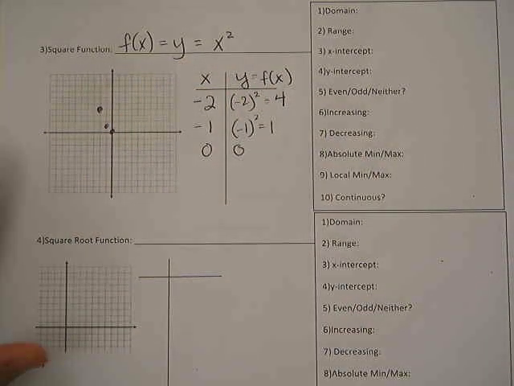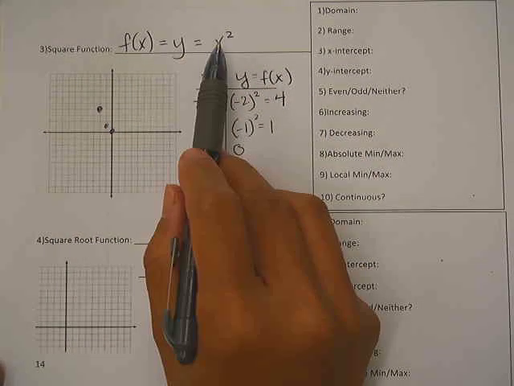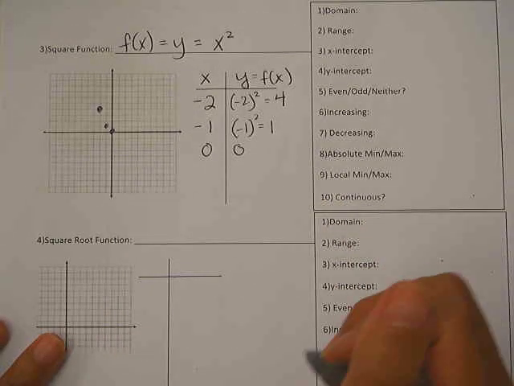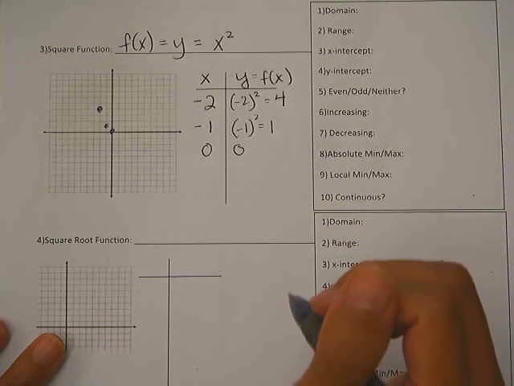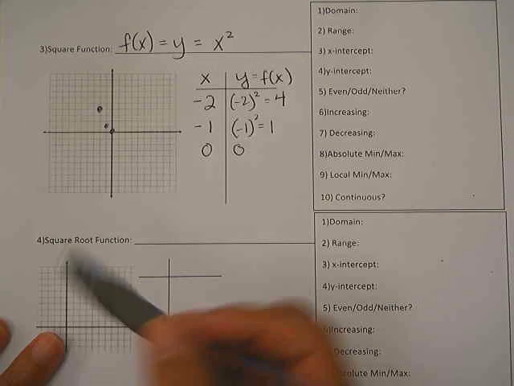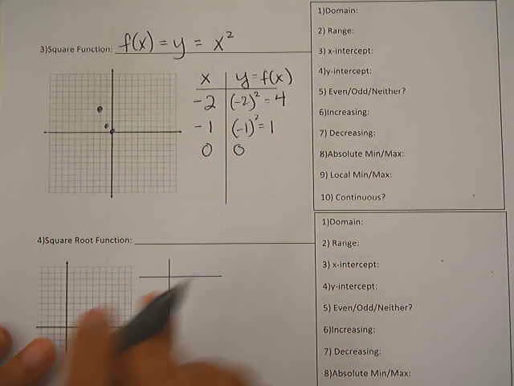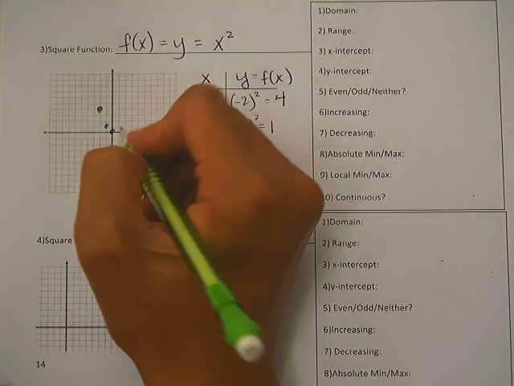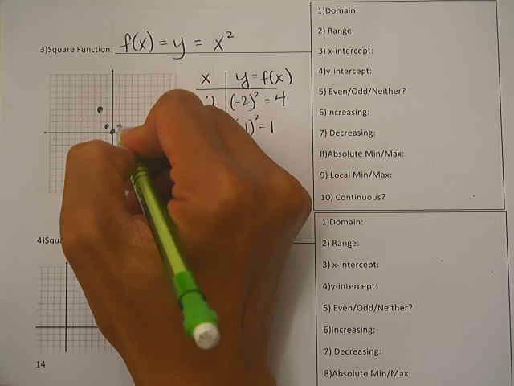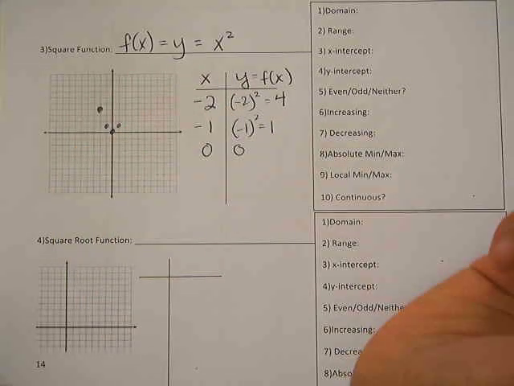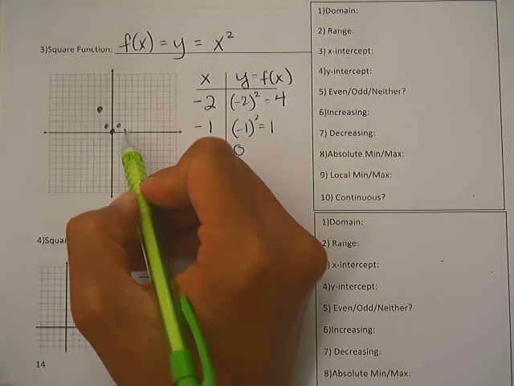If you remember, y equals x squared is a parabola. With a parabolic shape, it should be symmetrical. So because it's symmetrical, I'm just going to go to this side and mark the same exact dot as on the left.